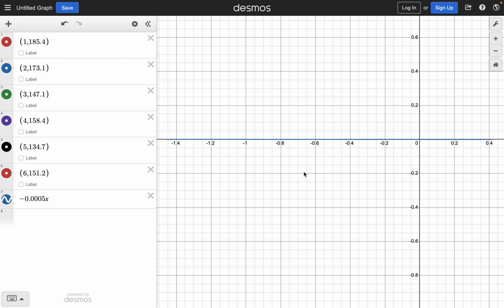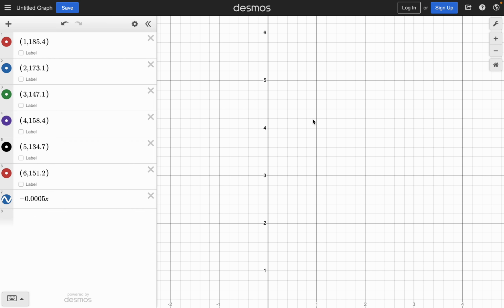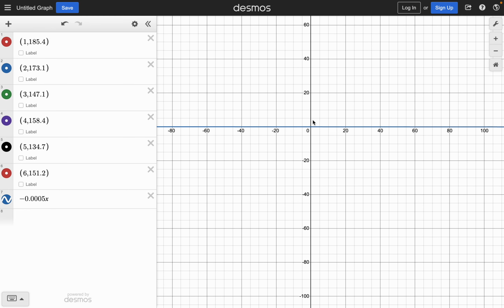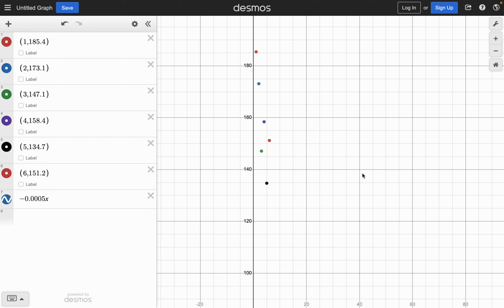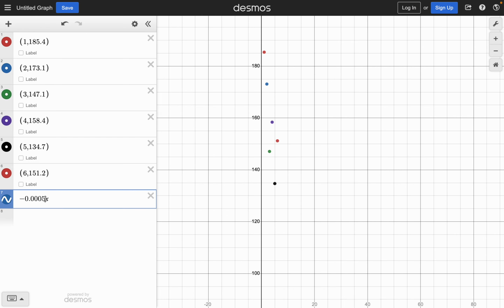That would be a weak correlation. It doesn't have to be as imperceptible as that example, but something that's only slightly sloping downwards is a weak correlation.